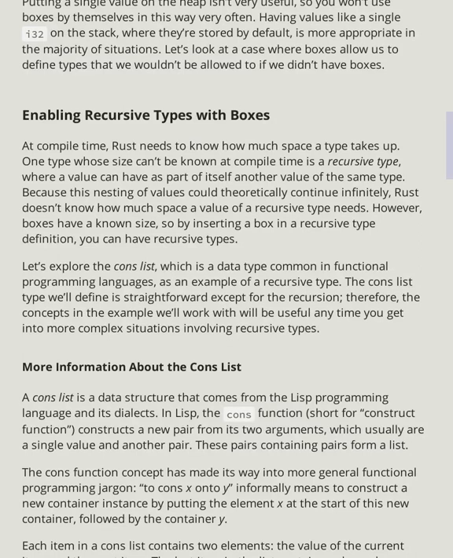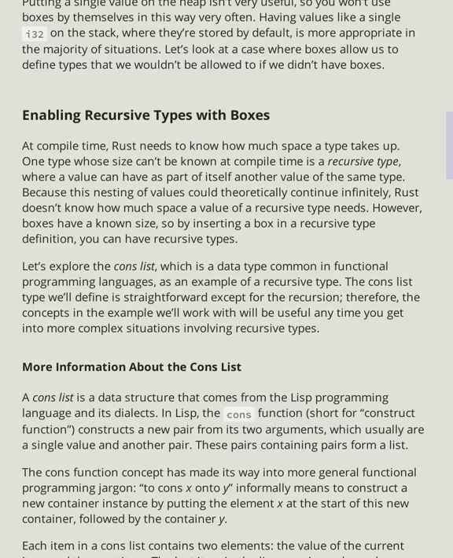Enabling recursive types with boxes. At compile time, Rust needs to know how much space a type takes up. One type whose size can't be known at compile time is a recursive type, where a value can have, as part of itself, another value of the same type.